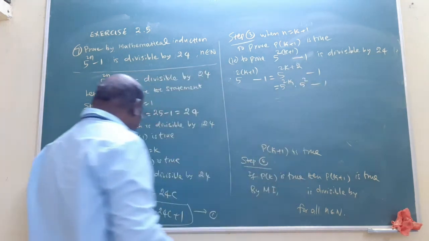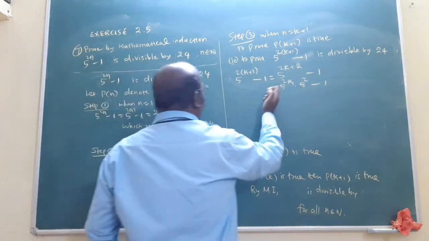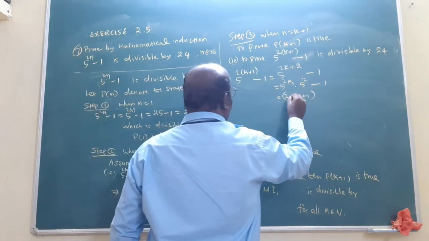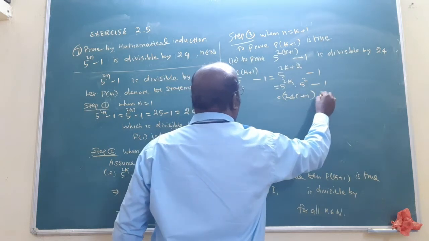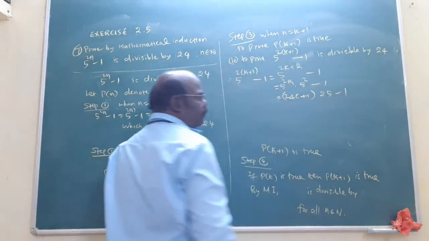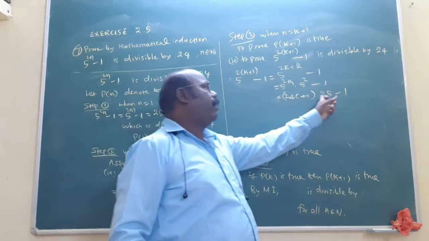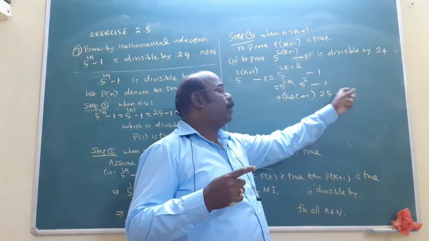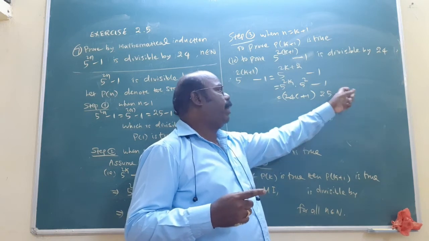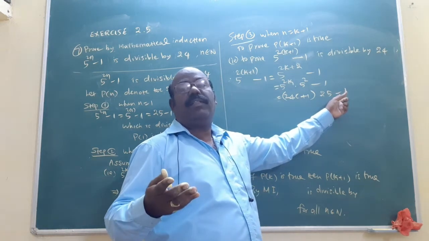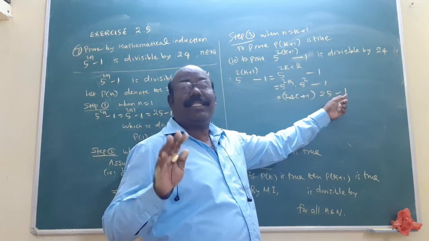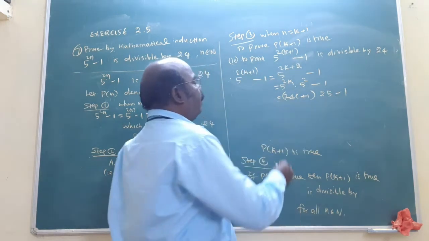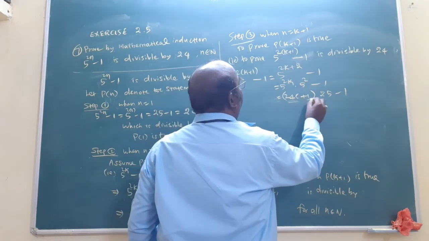The 5 power 2k I will replace with 24c plus 1. 24c plus 1 into 5 square is what? 25 minus 1 is 24, but it is not possible to subtract like that, because you want to multiply the same thing, multiply both.